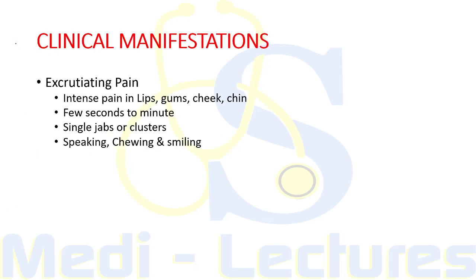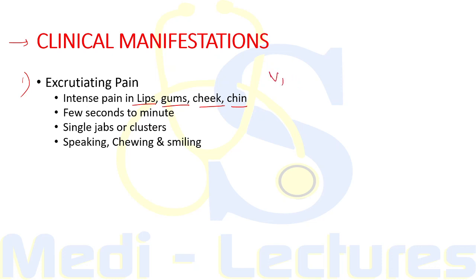Now coming on to the clinical manifestations, trigeminal neuralgia is characterized by excruciating pain. The pain is very intense, typically in the lips, gums, cheek and chin region. It is very rarely present in the distribution of the ophthalmic division of the fifth nerve.